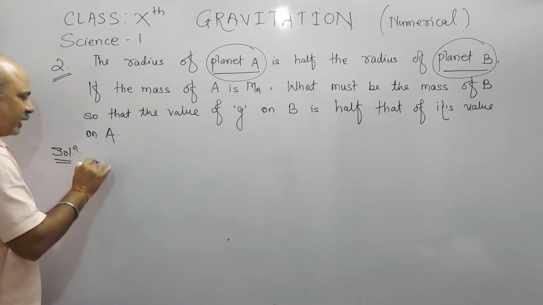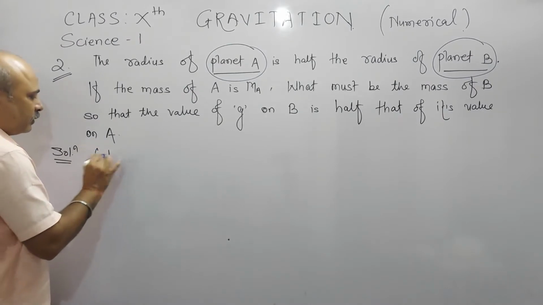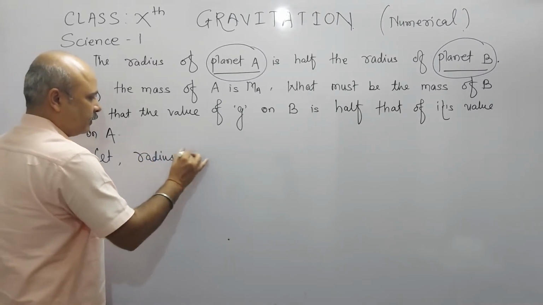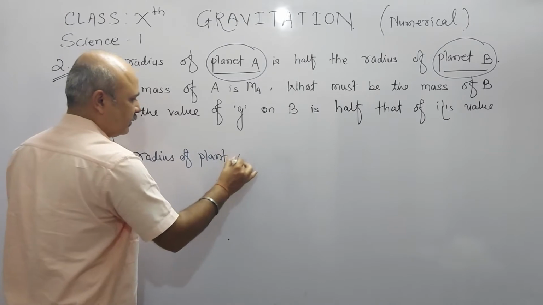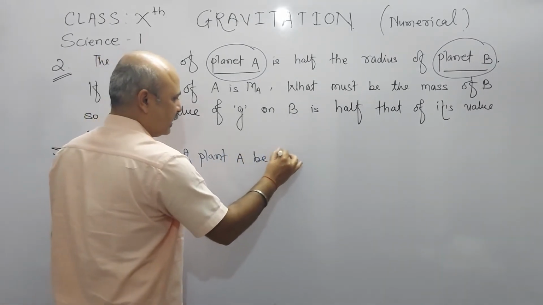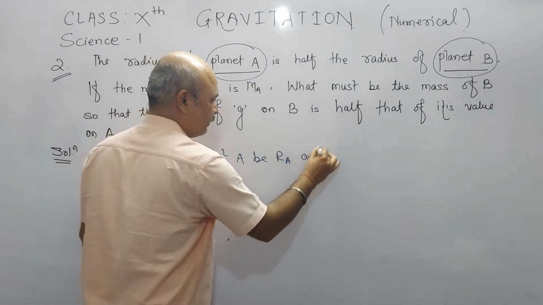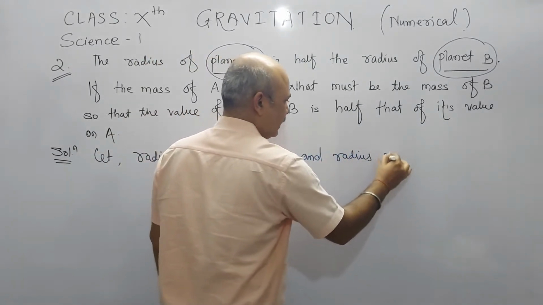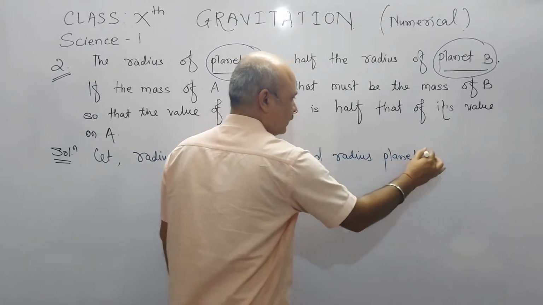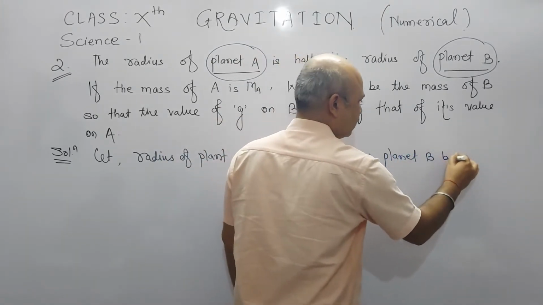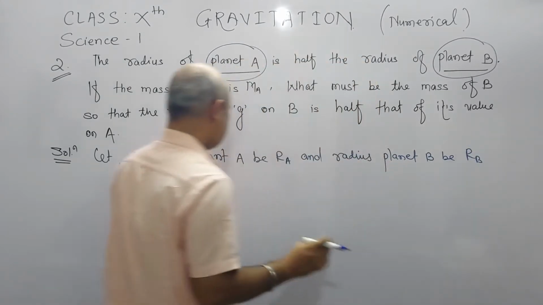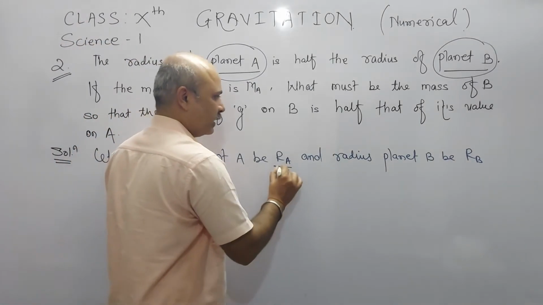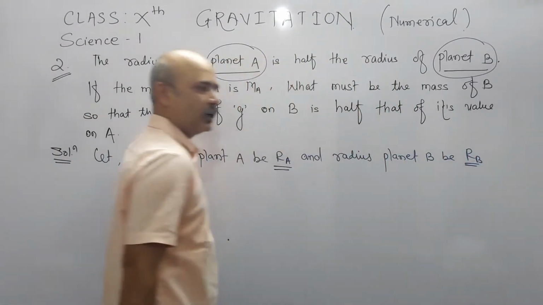So we'll write, let radius of planet A be RA, and radius of planet B be RB.